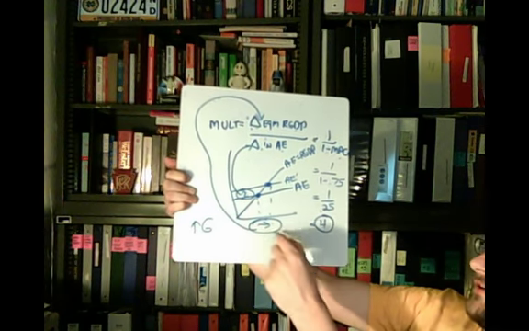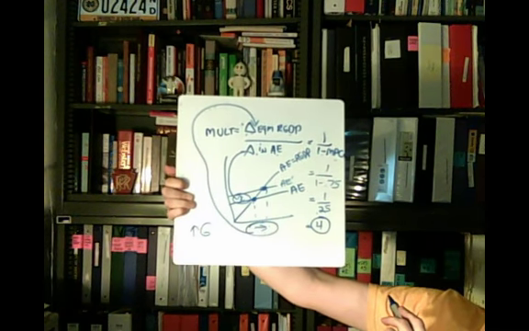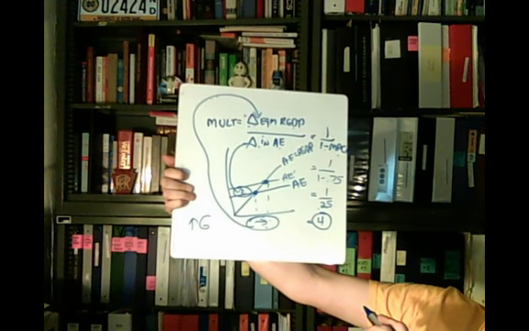So if there's a $100 billion gap here, I only need to increase government spending by $25 billion to get a $100 billion change. Essentially, the larger the marginal propensity to consume, the larger the multiplier would be.